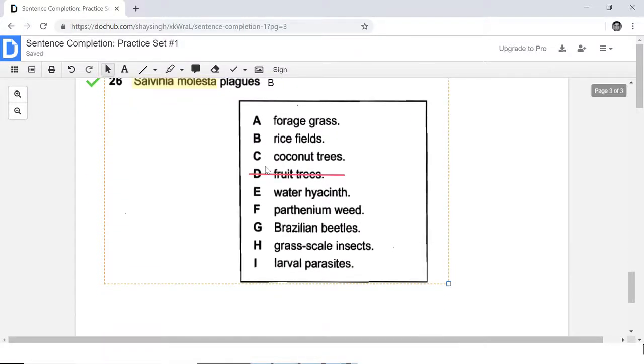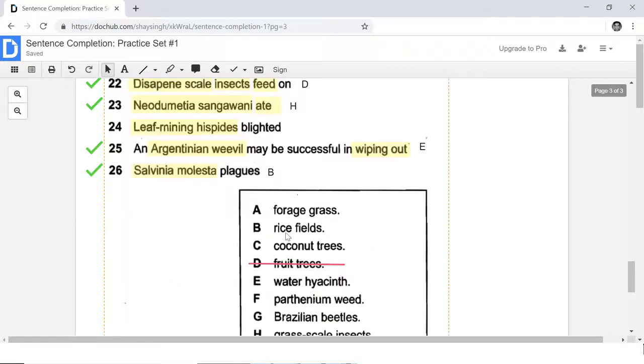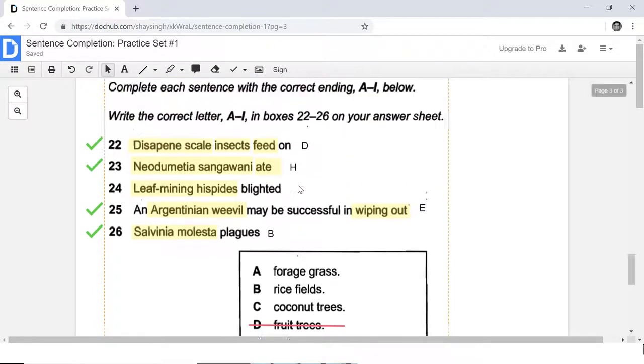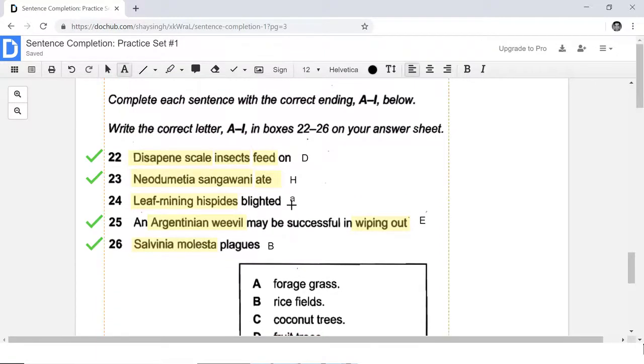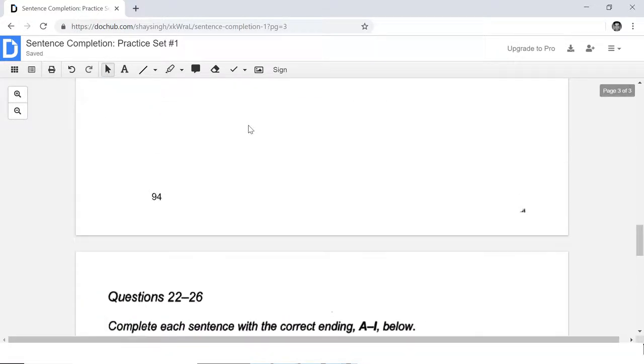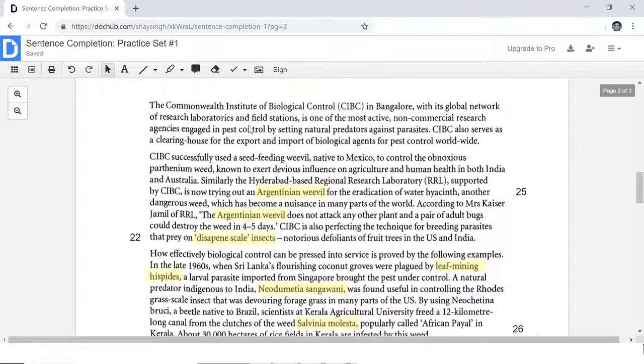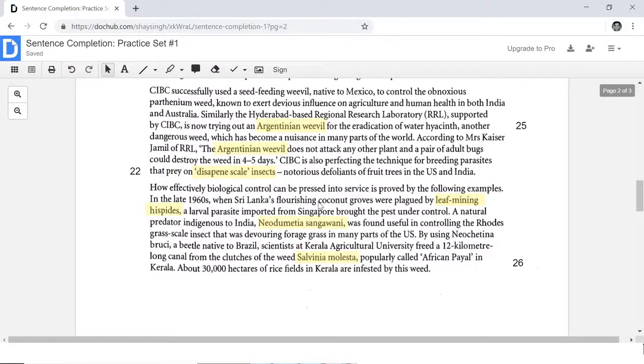Well, it says that they were plaguing coconut groves. Coconut groves. So groves is just synonym for trees. So the correct answer is going to be C. Okay, they were plaguing coconut groves. Right here it tells you, coconut groves.